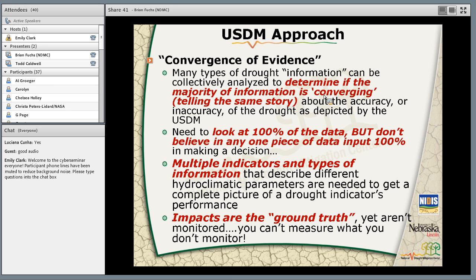We need to look at all the data, everything that's available, but not one piece of the data is going to tell the entire story. So even though we look at 40 to 50 indicators in putting the map together each week, we don't put all our eggs in one basket, so to speak, and just looking at a single indicator and saying, oh, that's what the map should follow, that's what it looks like. But we look at all of the information.